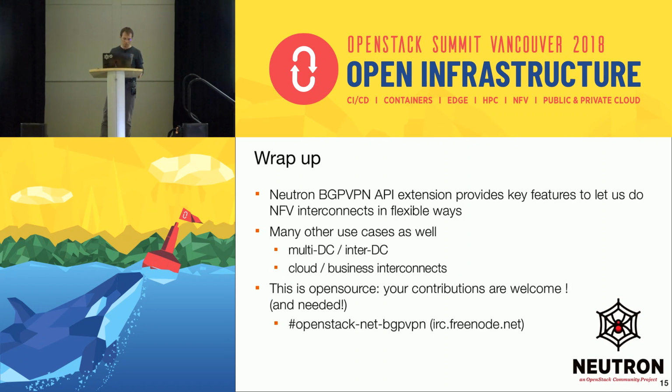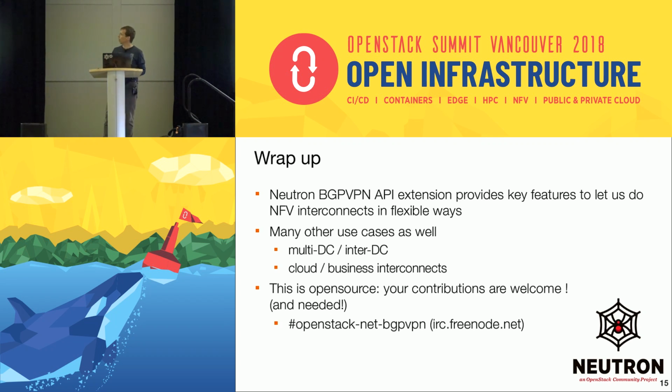So, as a wrap-up, the Neutron BGP VPN API extension provides key features to let us, telcos, but also people preparing VNFs for telcos, do NFV interconnections in flexible ways. There are many use cases as well beyond NFV, such as multi-DC or inter-DC, and also interconnects between the cloud and business VPNs.